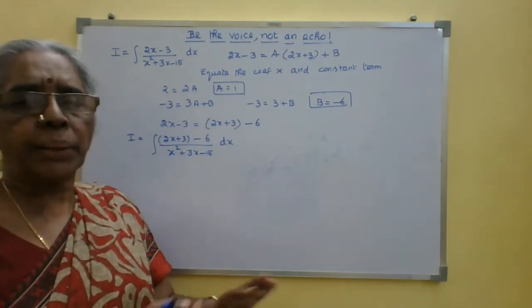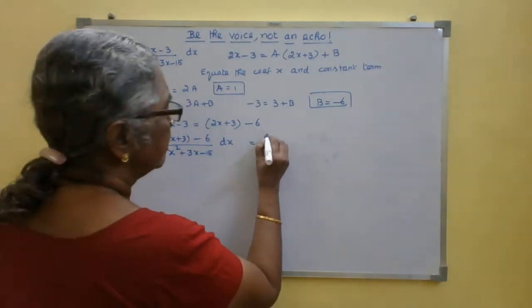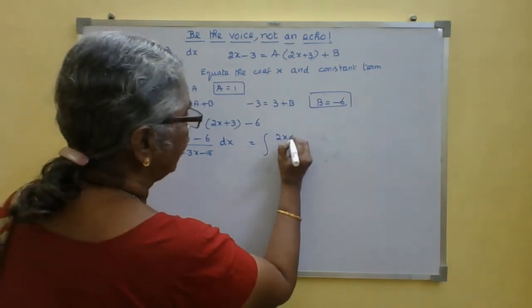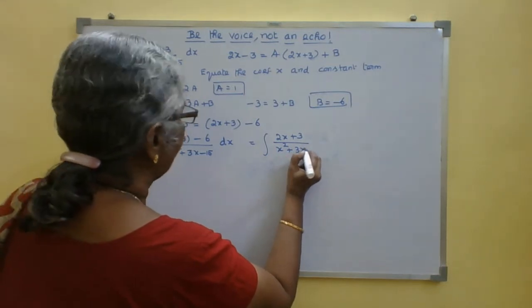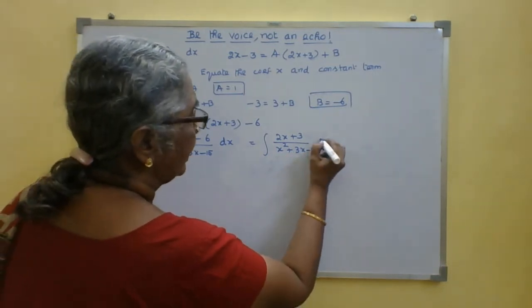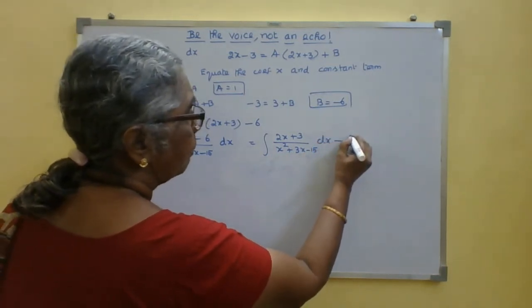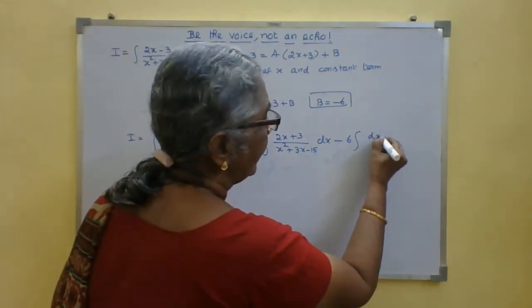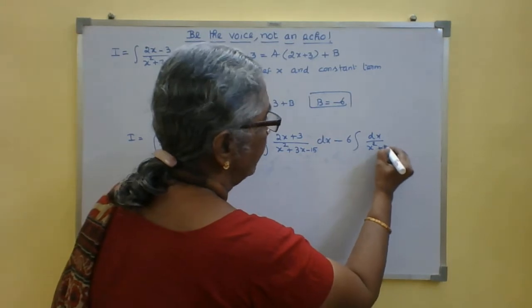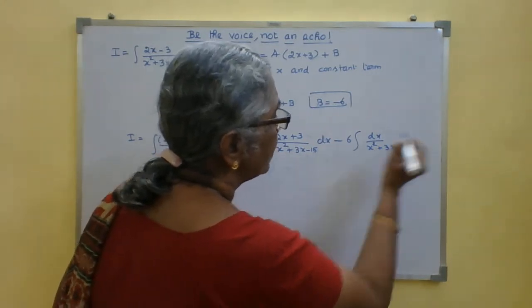Now let us split it into two integrals. You will write 2x plus 3 by x squared plus 3x minus 15 dx as one integral, minus, taking the 6 out, dx by x squared plus 3x minus 15.